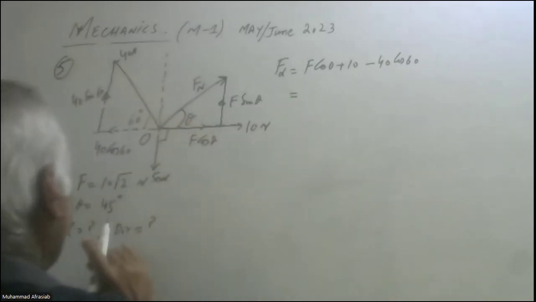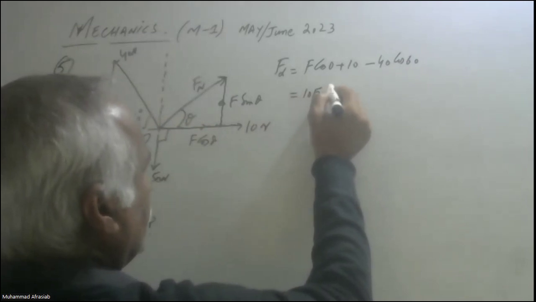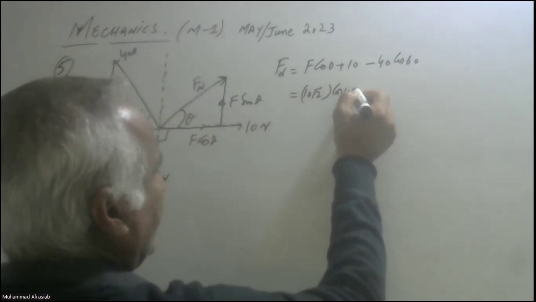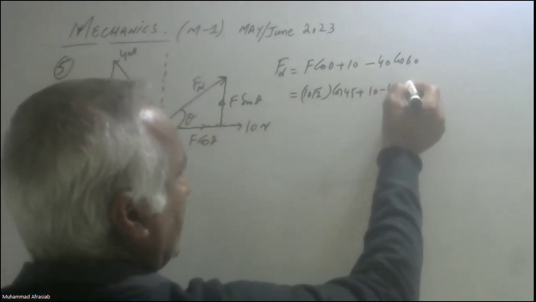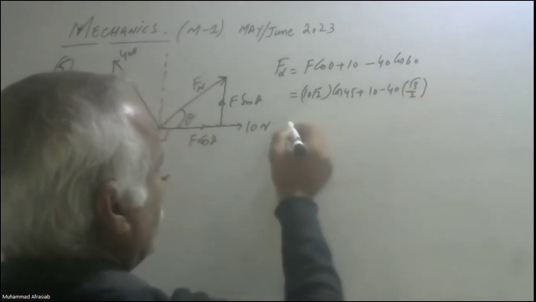But F there is given equal to 10 root 2 into cos of 45, plus 10 minus 40, and cos 60 is basically equal to 1 over 2.